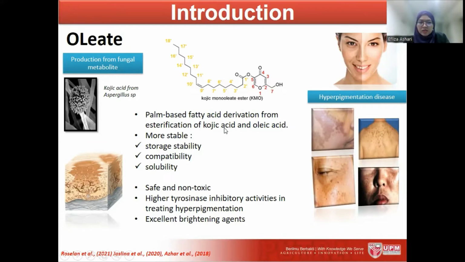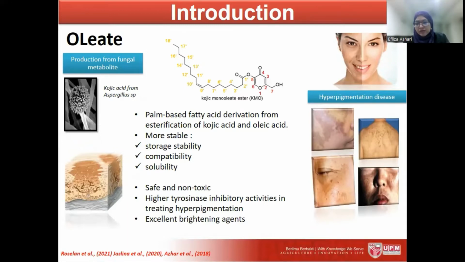The kojic acid is basically produced from fungal metabolites such as from Aspergillus oryzae. This Oleate is more stable in terms of storage stability, compatibility, and solubility. It is also safe and non-toxic. It also has higher tyrosinase inhibitory activities in treating hyperpigmentation.